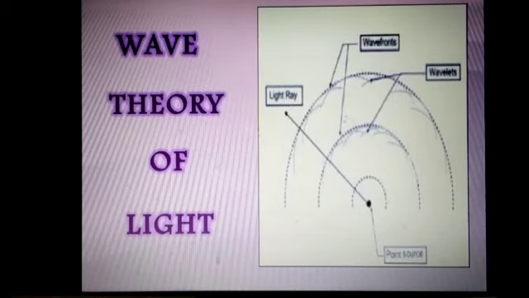In a homogeneous medium, the disturbance reaches all those particles of the medium in phase which are located at the same distance from the source of light, and hence at any instant all such particles must be vibrating in phase with each other.